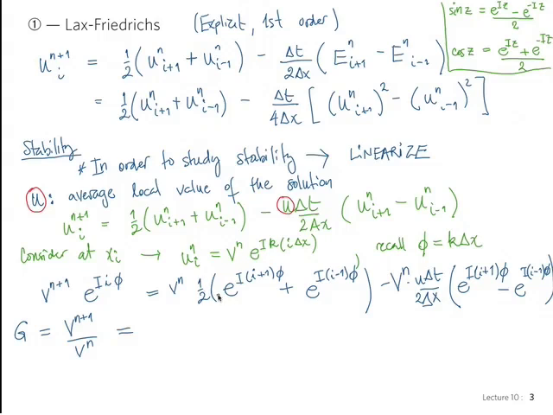You can see over here that I have one half e to the i phi and e to the minus i phi, and it's exactly the cosine. So cosine phi. And here I have this term again, U delta t divided by 2 delta x. And we have exactly the sine, but multiplied by the 2i. Yes, and so we have 2i sine phi.